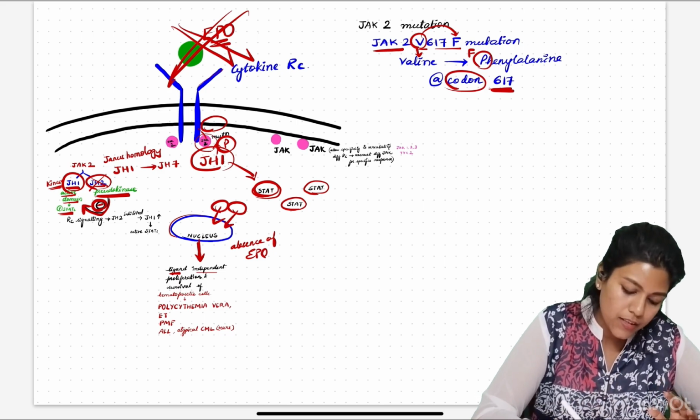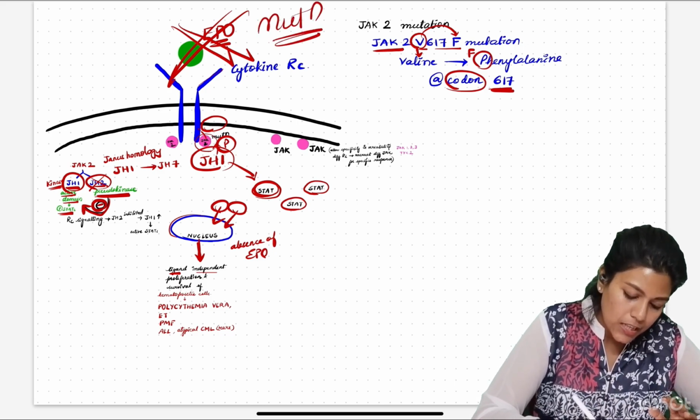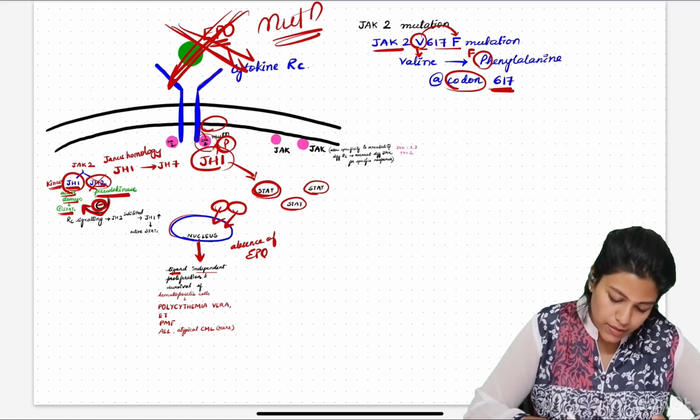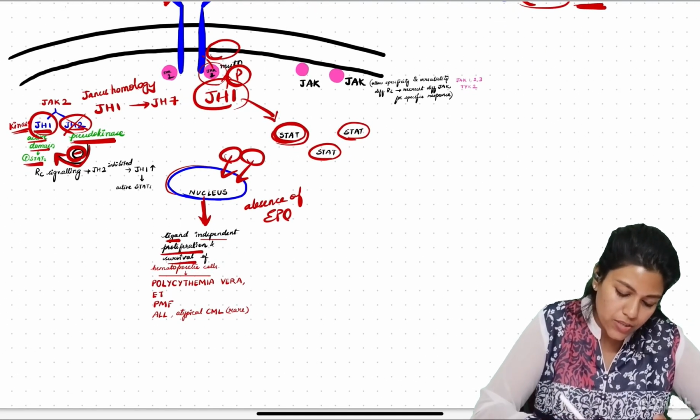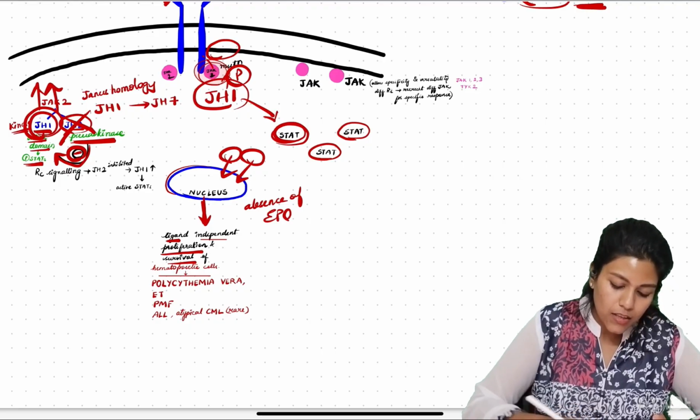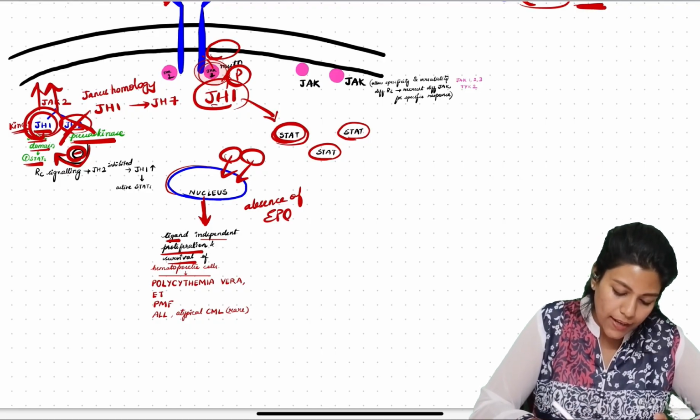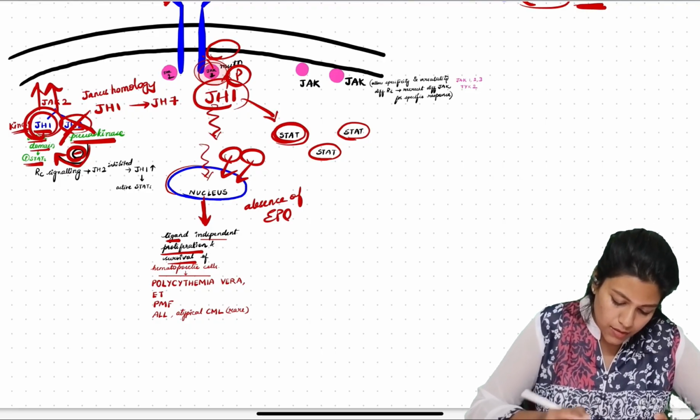In cases of mutation, there is proliferation and survival of hematopoietic cells because JAK2 is mutated, JH2 is permanently inactivated, JH1 is acting, causing continuous activation of STAT and continuous signaling.